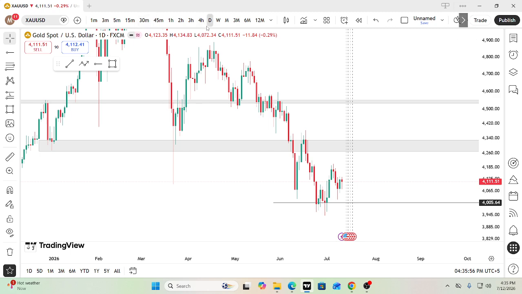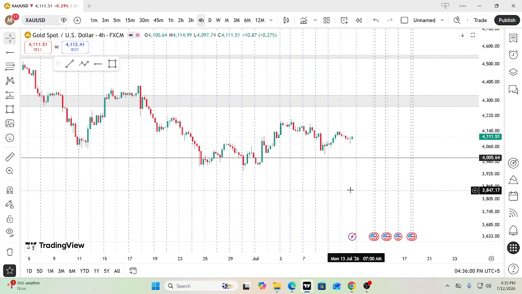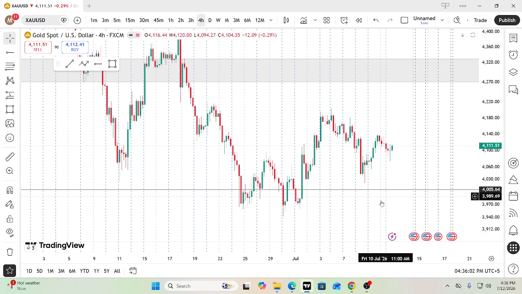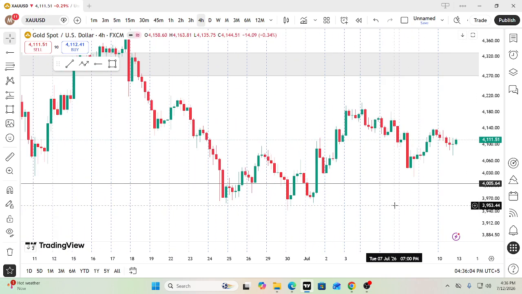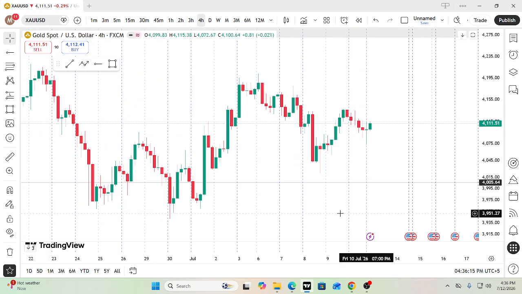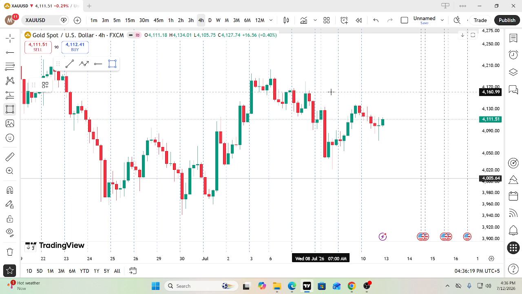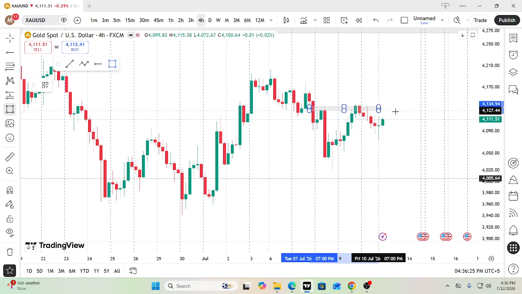So now we move to the 4-hour time frame. In this video I will give, at the end, a trade that you can practice on a demo account. So don't miss this video till the end. In the 4-hour time frame, this chart is clearly showing that this is the resistance area, 4135.